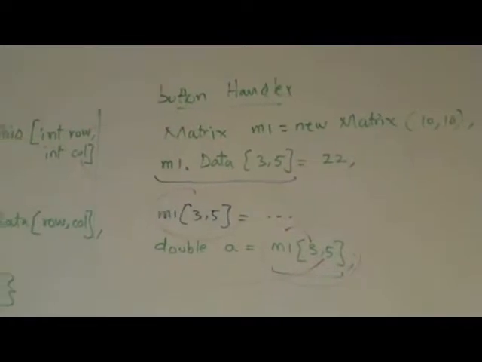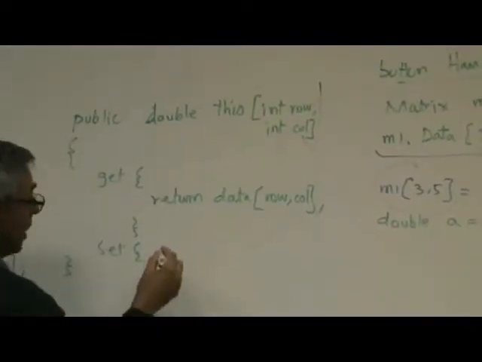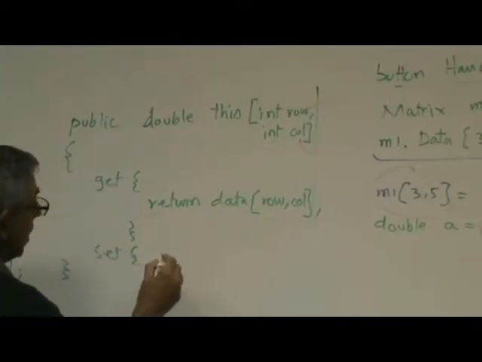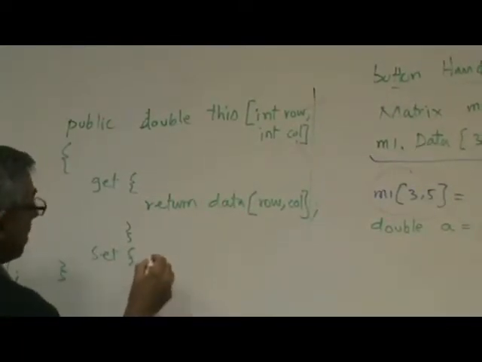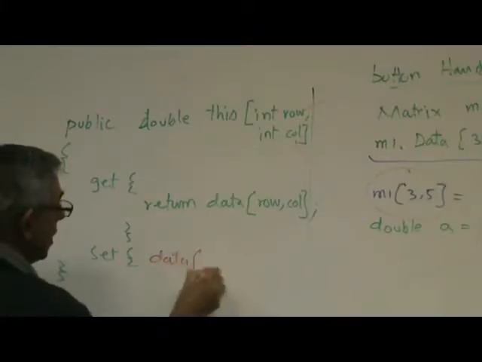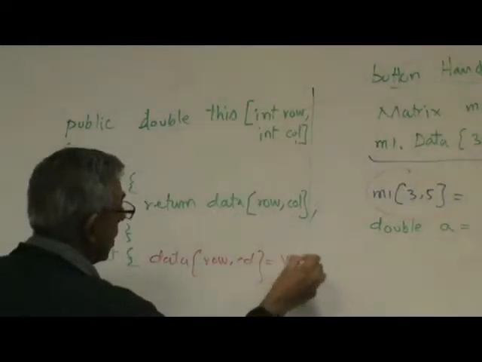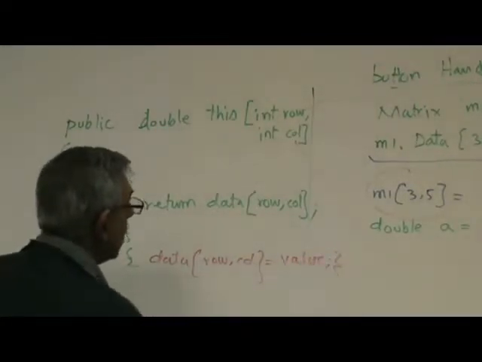So now let's go to the set part. So what will the set part do? Set part will simply do data of row, comma, column equal to value.